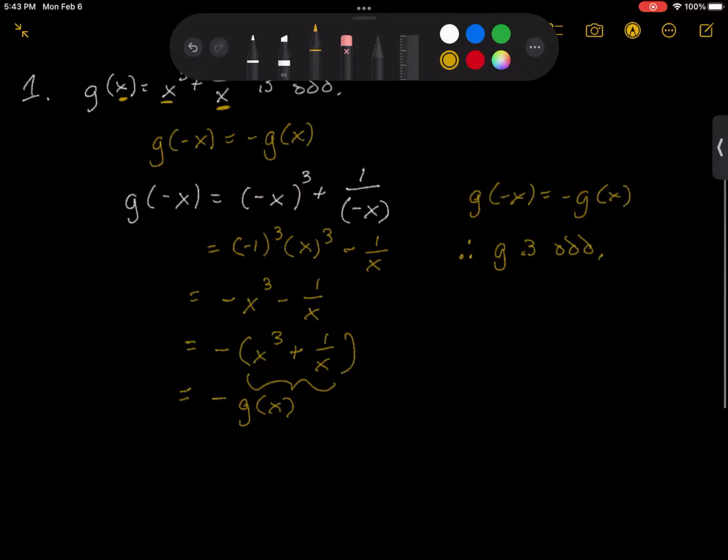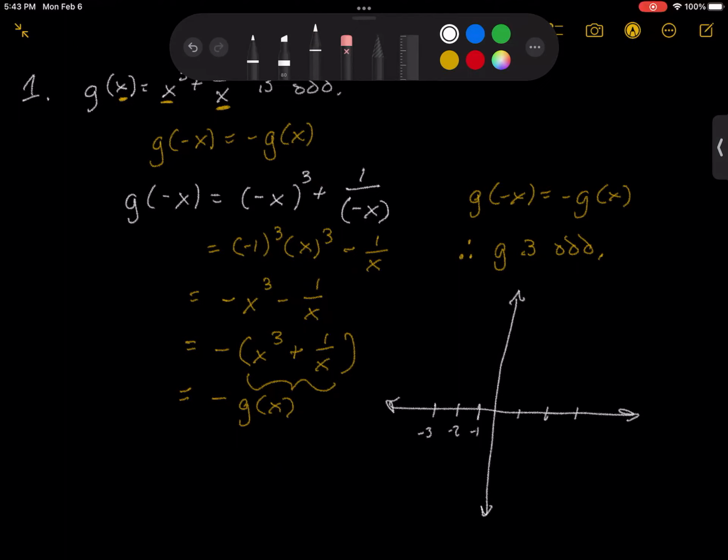So if we were to graph this, let's look at a few points. -1, -2, -3, 1, 2, 3. Now, g of -3, by my definition that it's odd, should be the same thing as minus g of 3.